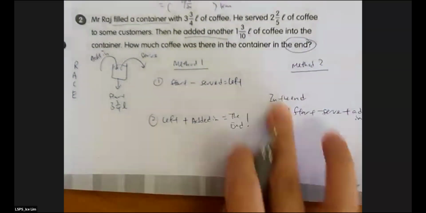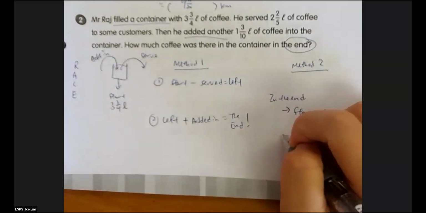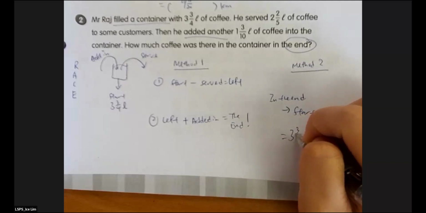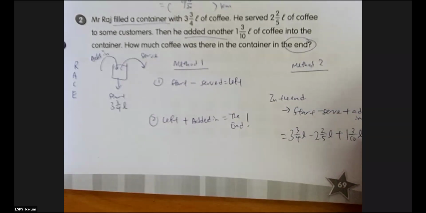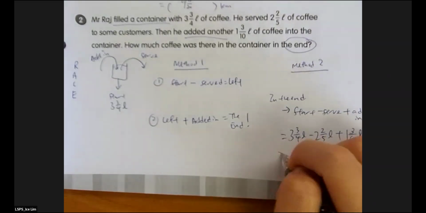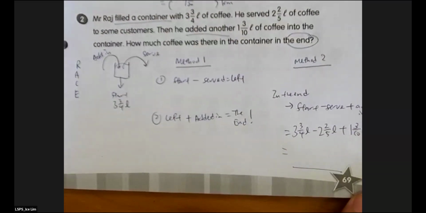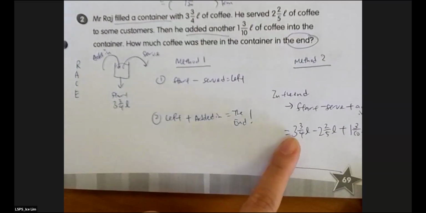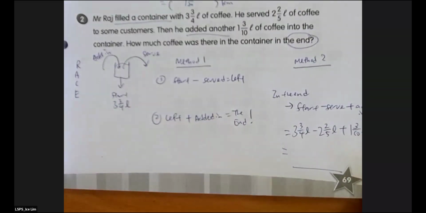So I can do everything in one single equation. It equals 3 and 3/4 liters minus 2 and 2/5 liters plus 1 and 1/3 liters. Then I try pressing the calculator. Now, the challenge here is that if I do it in a single equation like this, that's 2 method marks in one go.